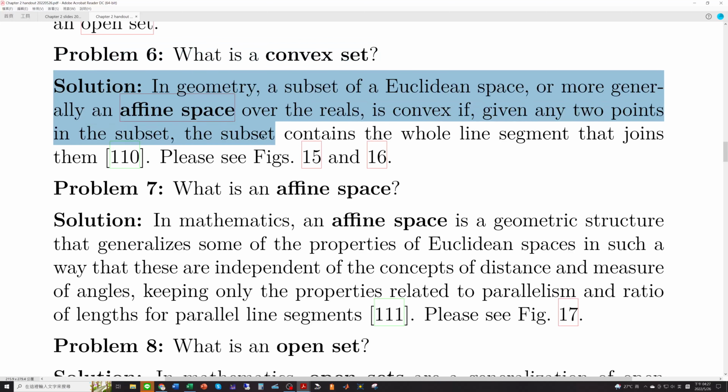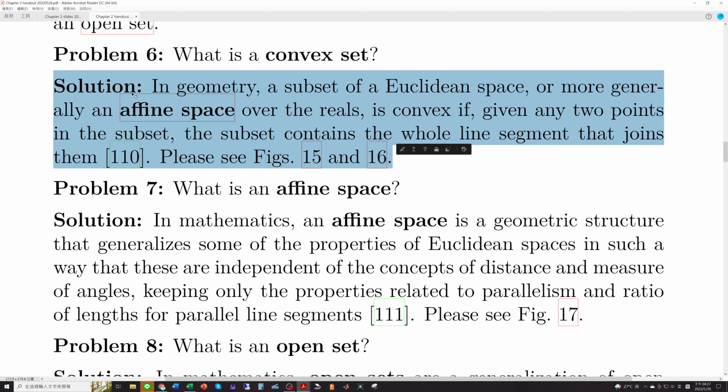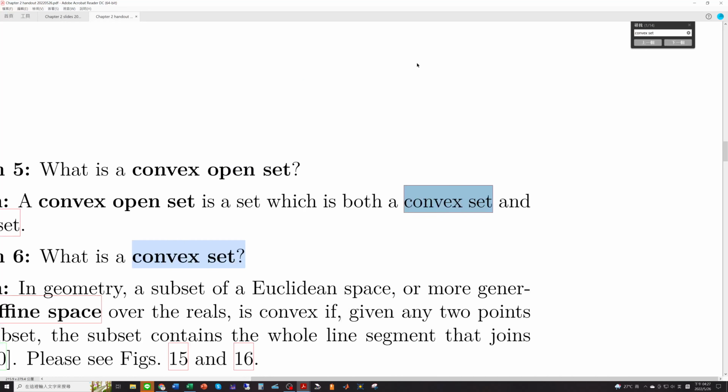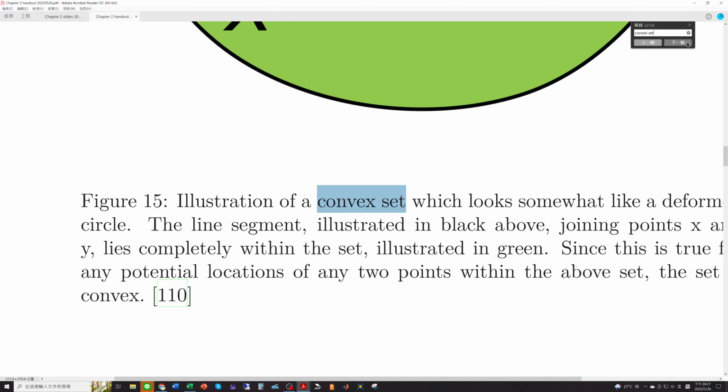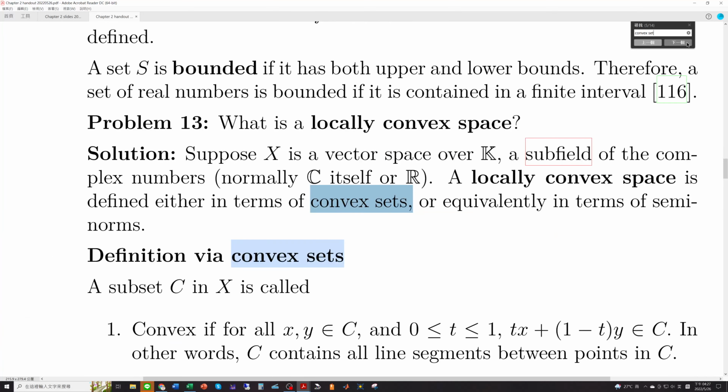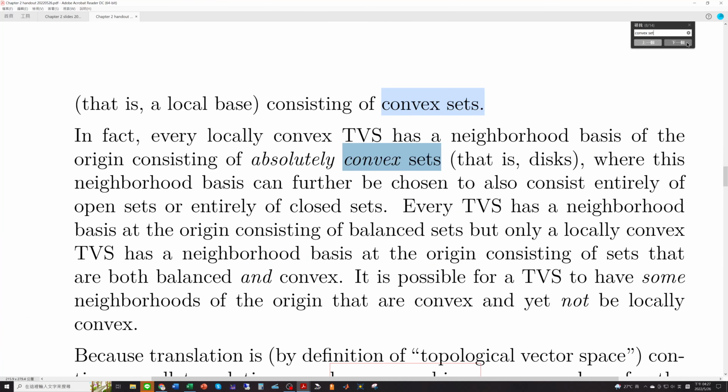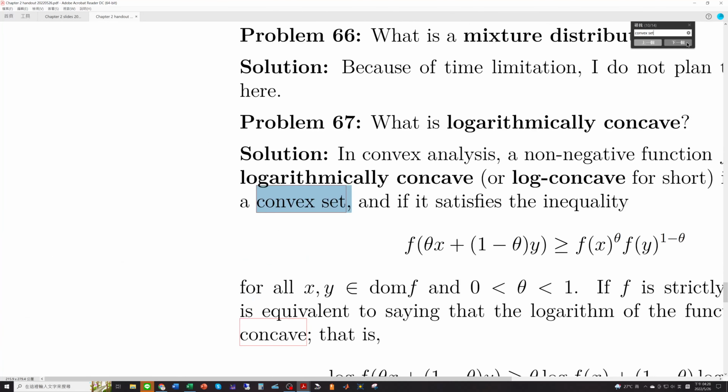If you forget, please review the solution here. So let us go back to the convex set we have just seen. There are many convex sets here.